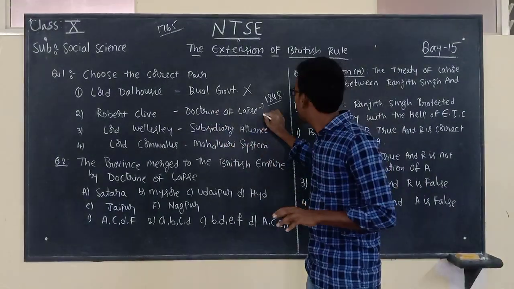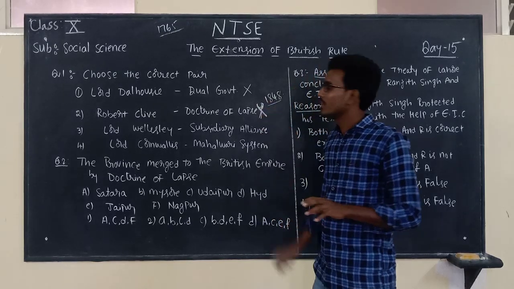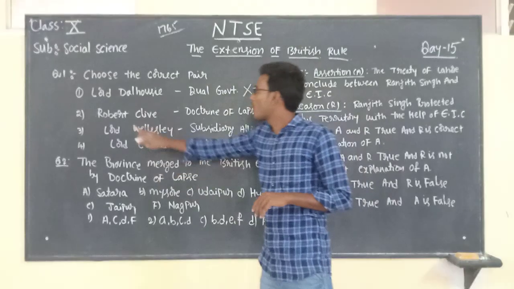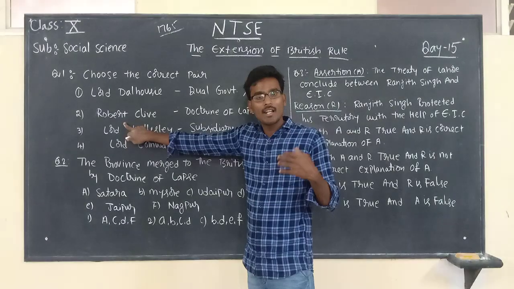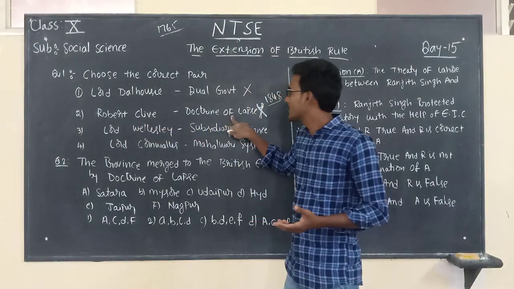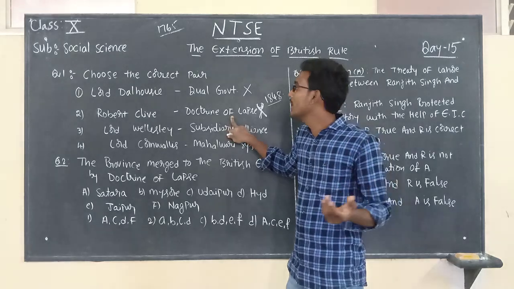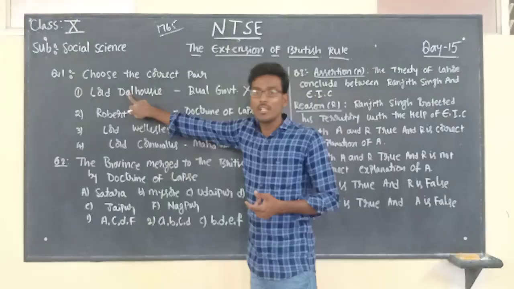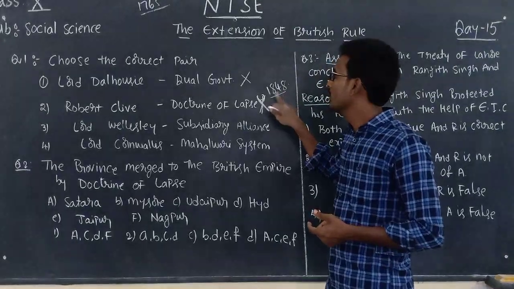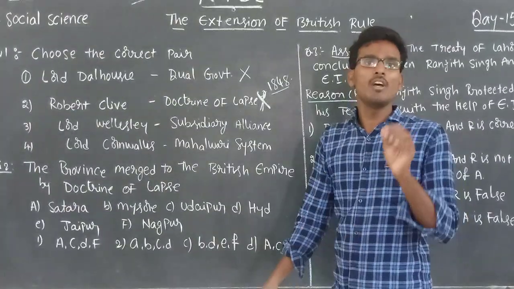So the second is also wrong. Look at the second one carefully. Robert Clive, the Governor General's name they have given, and they mention here doctrine of lapse. Who introduced the doctrine of lapse in India? Dalhousie introduced it. In which year? 1848. So the second matching is also wrong.